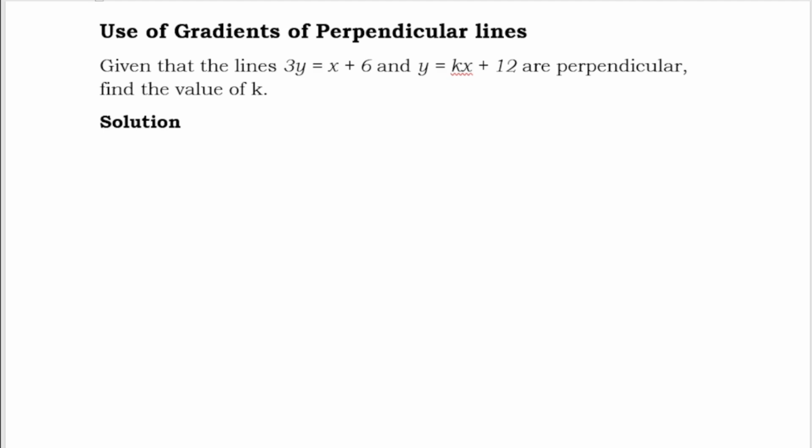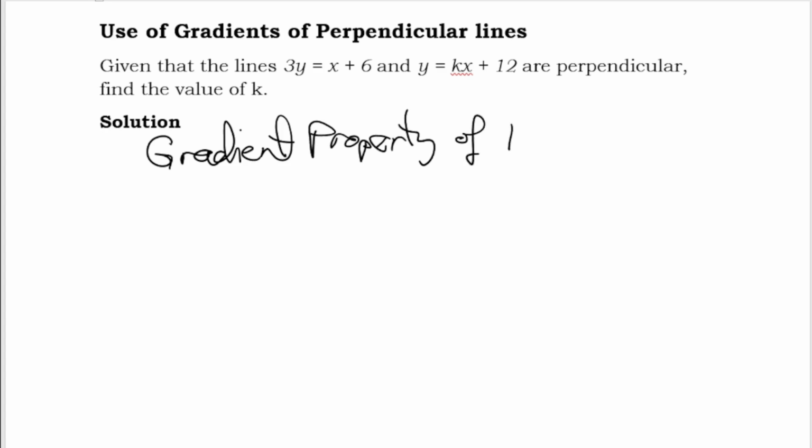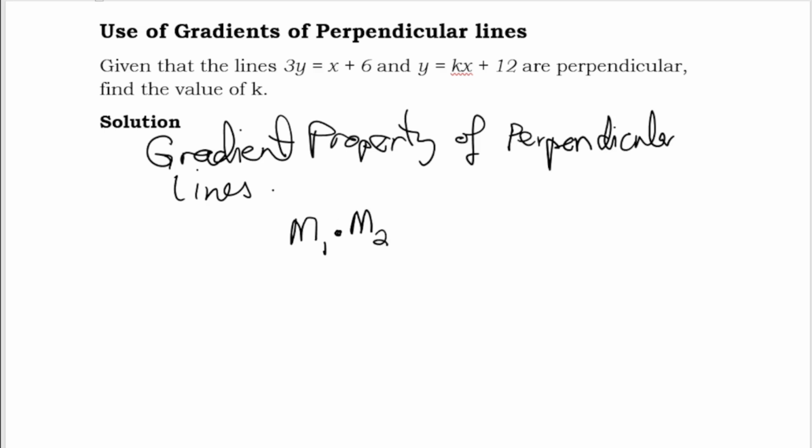For us to find the value of k, we're going to use the gradient property of perpendicular lines. So what does this say? m1, the gradient for the first line, multiplied by the gradient for the other line, which is perpendicular to the first line, is always equal to -1.